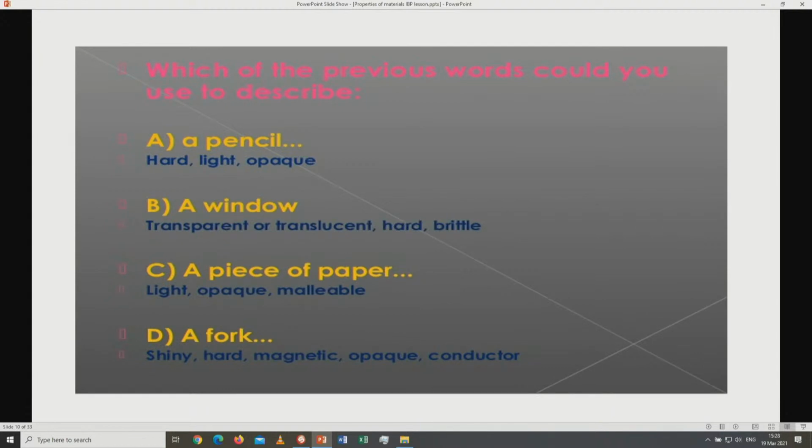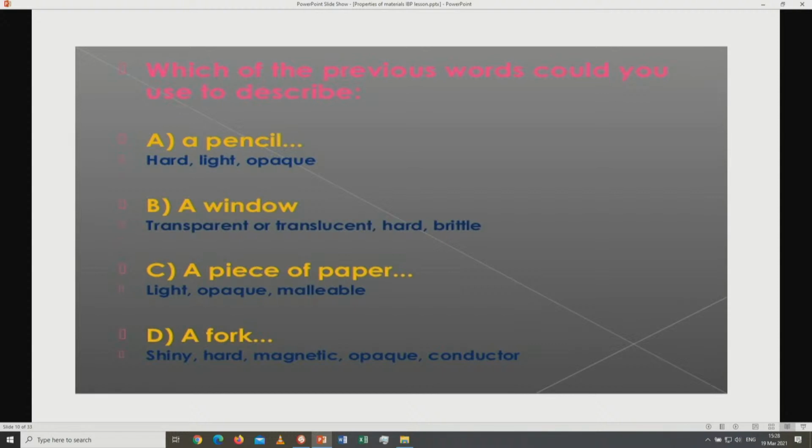Let us explore two different questions here. Which of the previous words could you use to describe a pencil? Is it hard? Is it light? A window, is it transparent? Is it translucent?